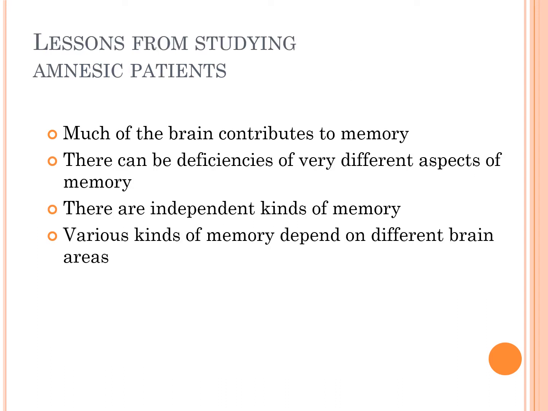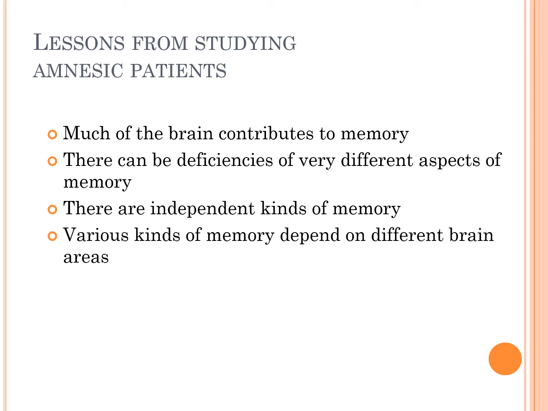So, lessons from studying many different kinds of people with amnesia. Much of the brain contributes to memory. There can be deficiencies of very different aspects of memory with other aspects of memory relatively intact, where we see these double dissociations. Even though, of course, they communicate with each other and contribute to each other, one area can behave independently of another area and vice versa.